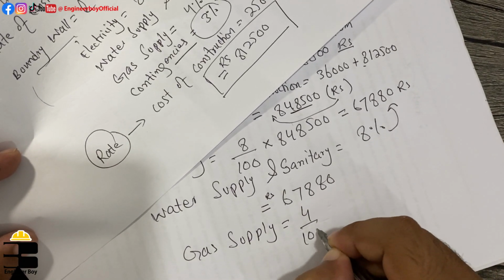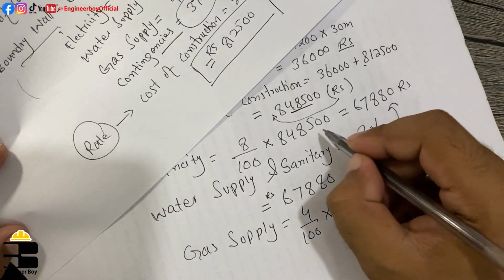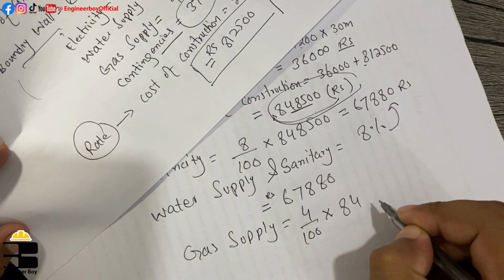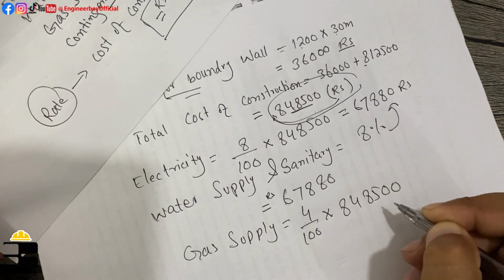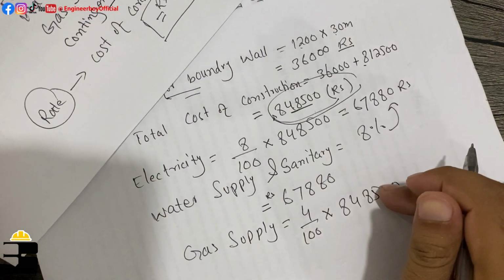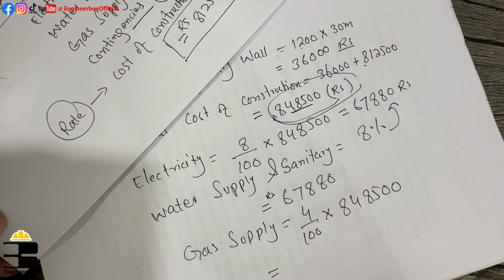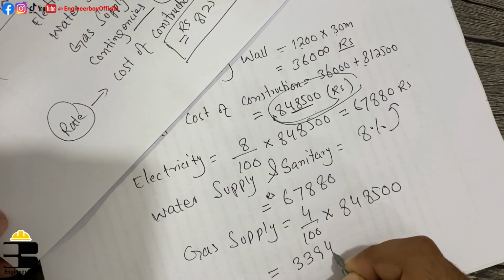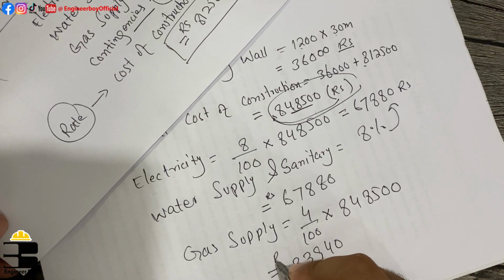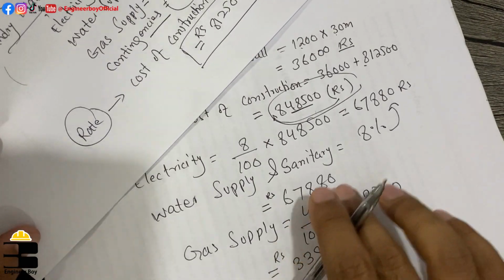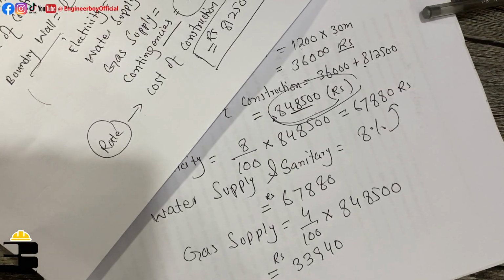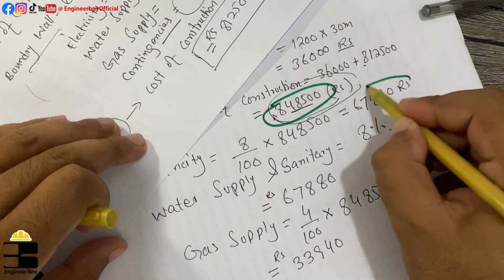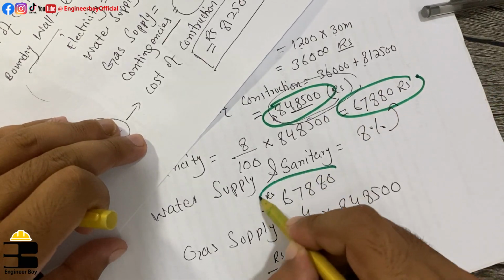So 4 by 100 times the construction cost, 848500, the total construction cost, and if I'm not wrong, that's going to be 33940 RS.